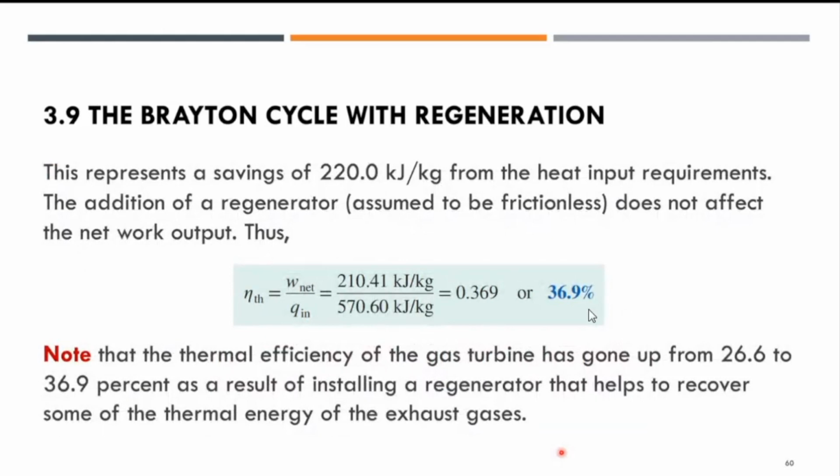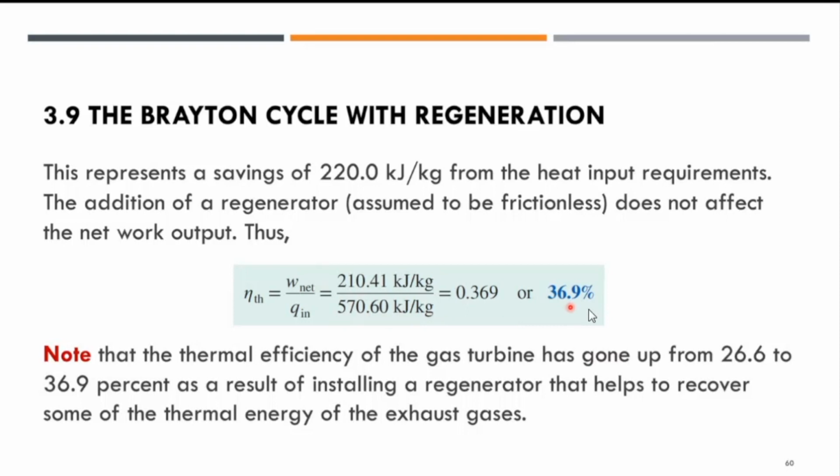So this represents a saving of 220 kilojoules from the heat input requirement. The addition of the regenerator, assumed to be frictionless, does not affect the net work output.